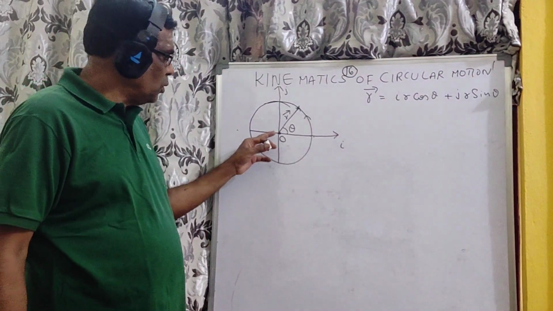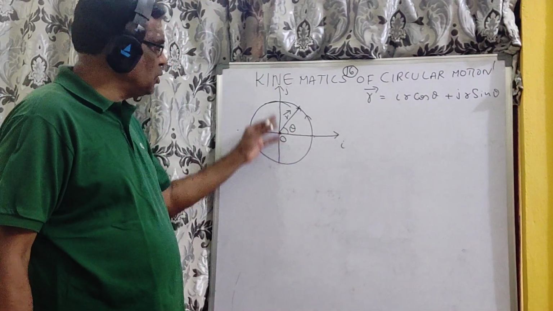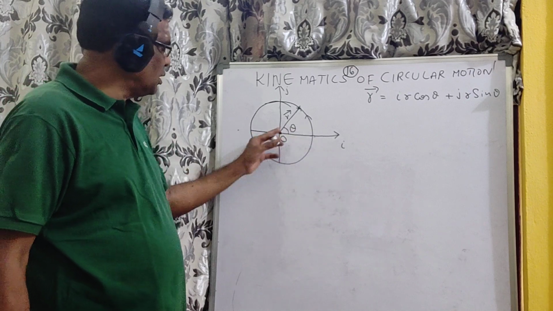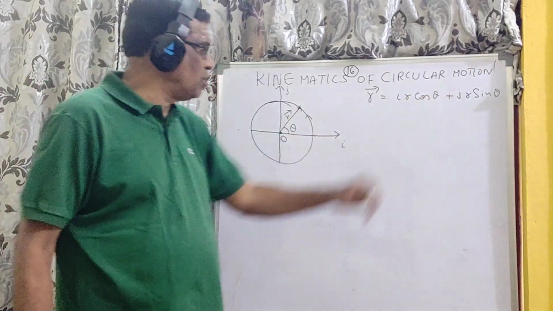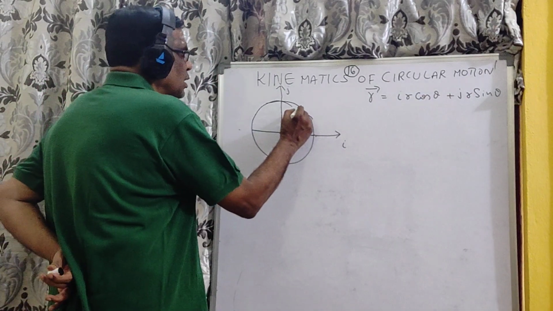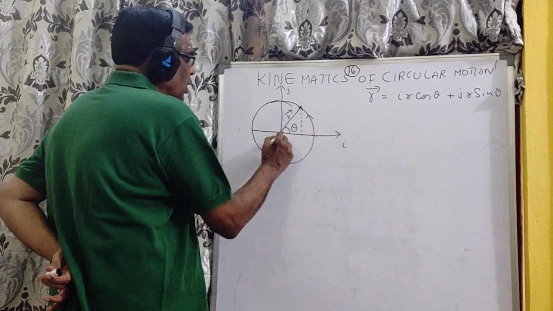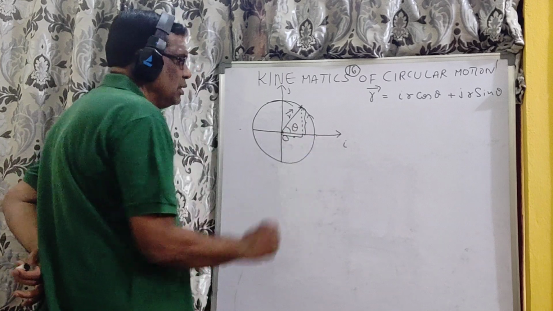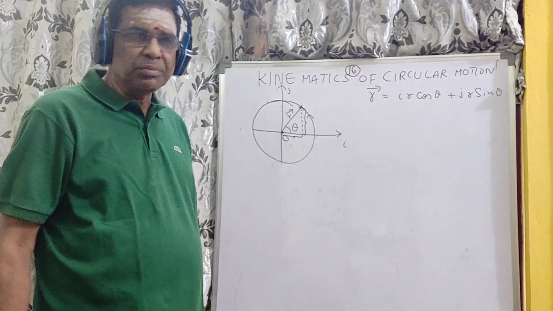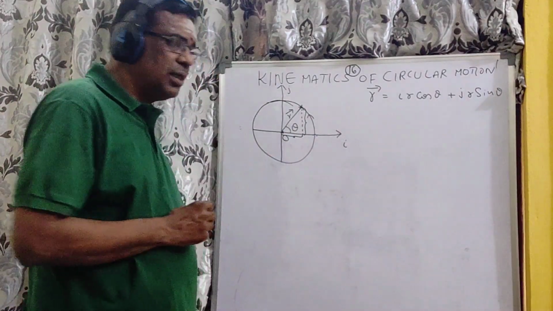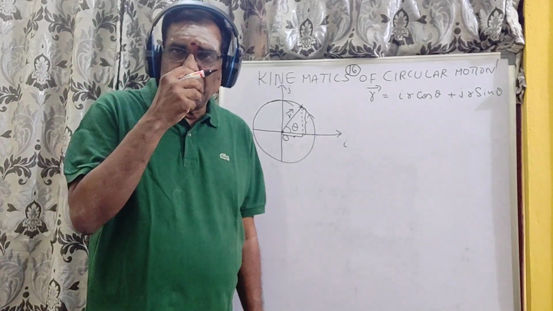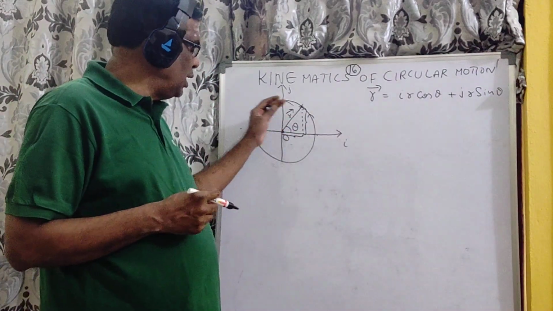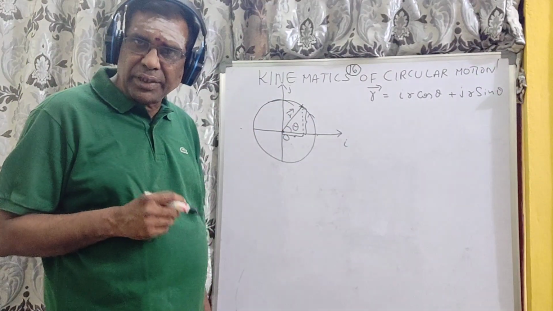If I resolve this into components, this is cos theta, this is sine theta. You can very clearly see that this is the cos theta part, this is the sine theta part. Now, here, theta is called your angular displacement.